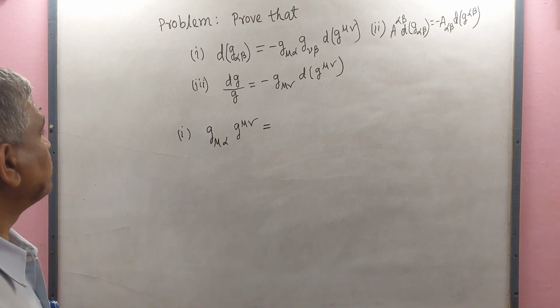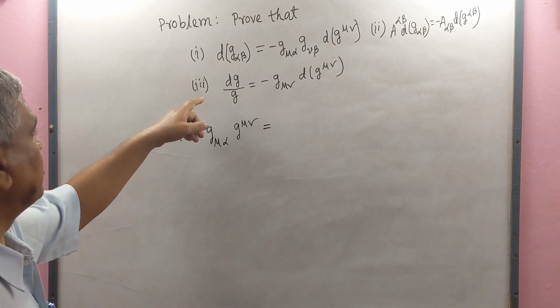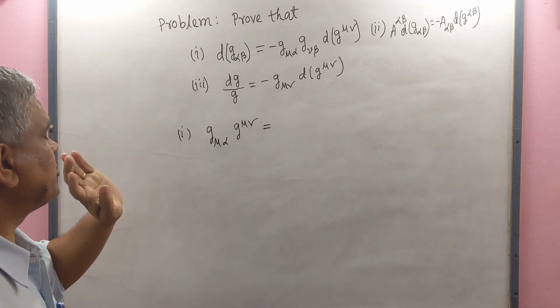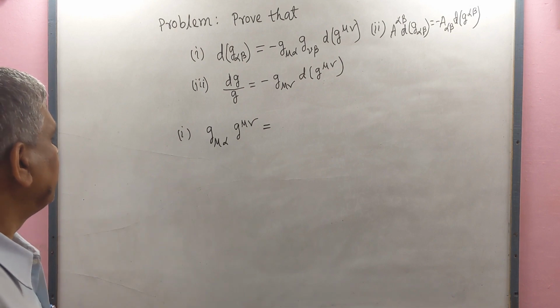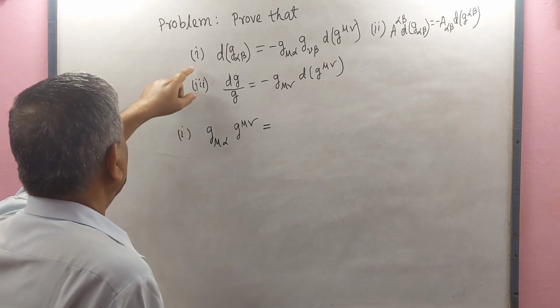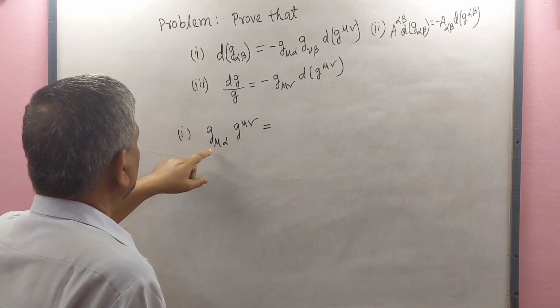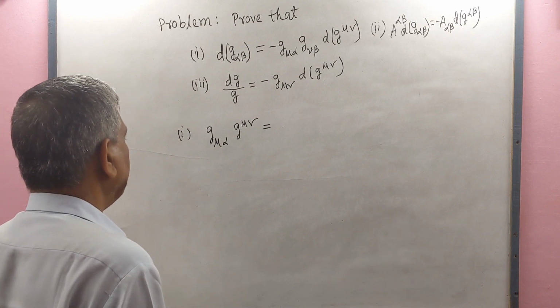Now we shall solve some problems. Here there are 3 problems. We shall solve them one by one. Number 1. For number 1, we write g^mu alpha, g_mu nu. Already we have seen this.